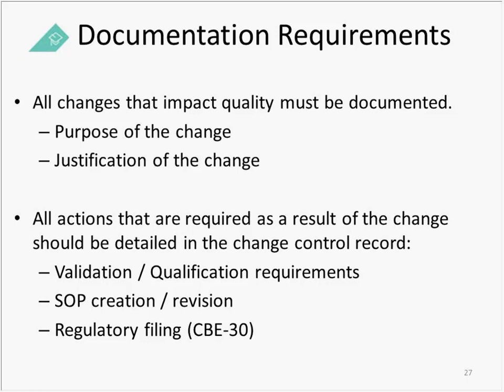You need to be more specific than that. The purpose is: why is this change better than our current situation? All actions that are required as a result of the change should be detailed in the change control record. This is where you need to have that change control review board be cross-functional and make sure that you have the right people in the room to make these types of decisions and assessments.